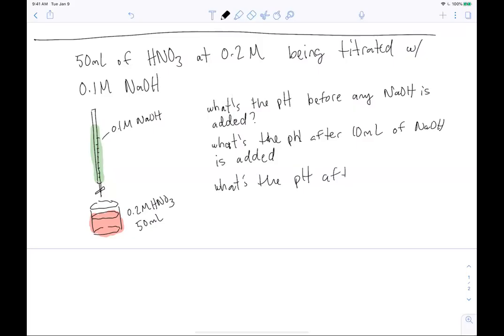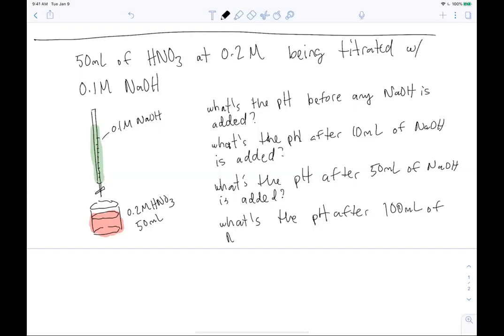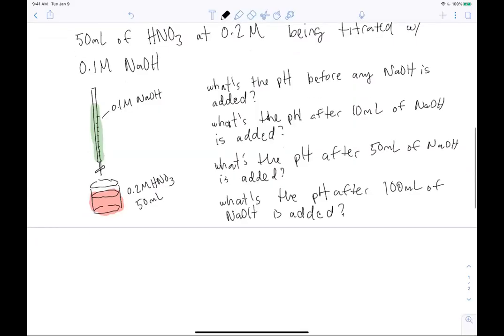What's the pH now after, say, 50 mils of sodium hydroxide is added? Then we get to 100 mils and say what happens to the pH then. That's when things start to get a little bit more interesting.